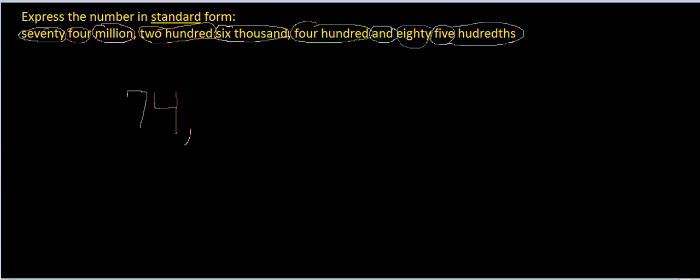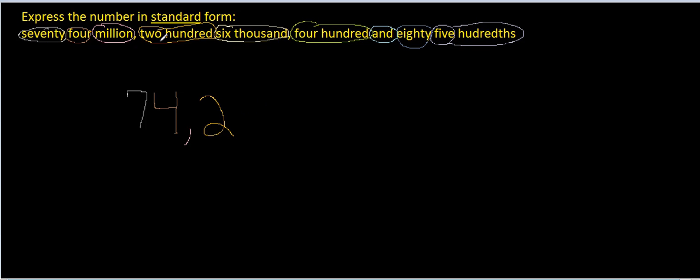Next thing I see here is 200, and then I see the number 6. Now I have to think to myself, 200 and then 6. I don't see anything like 60, 70, 240, 230.